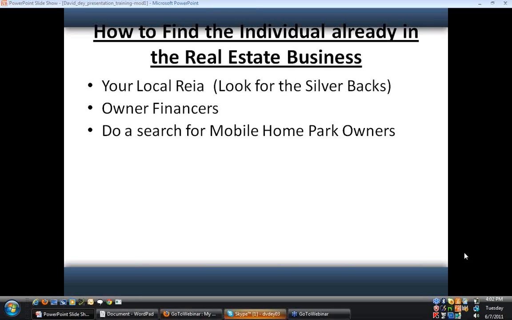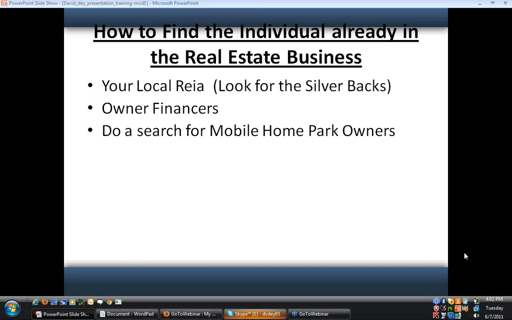You can go through the list services, or again, guys, every county has a database of every single property in that county. The reason they have that database is because they want to charge taxes.